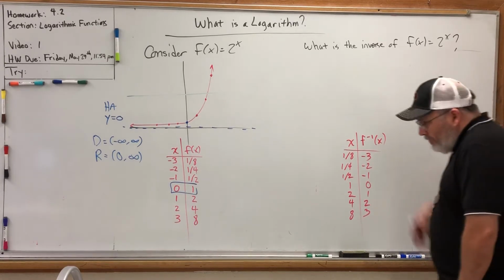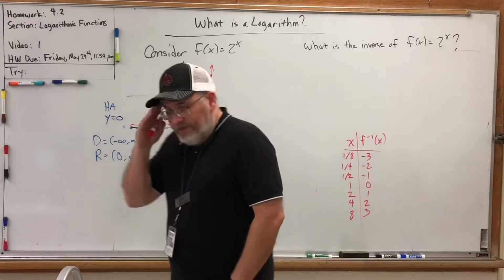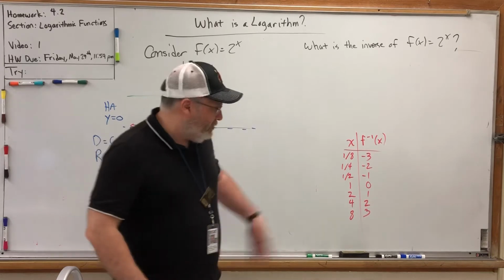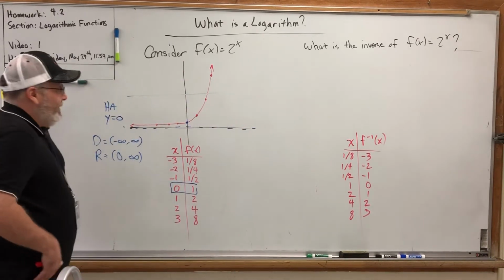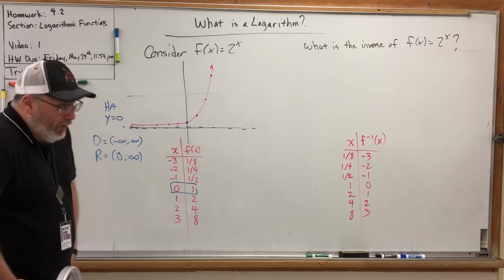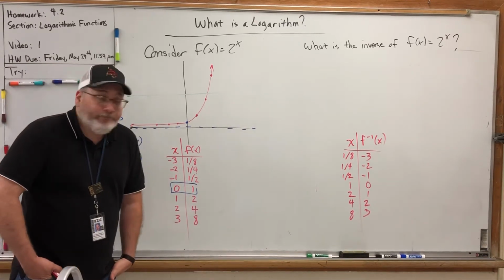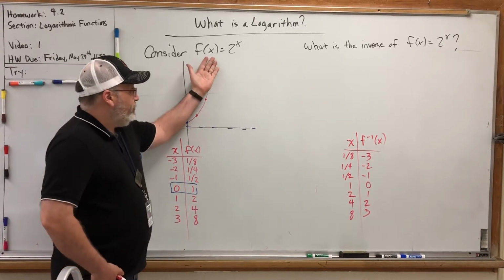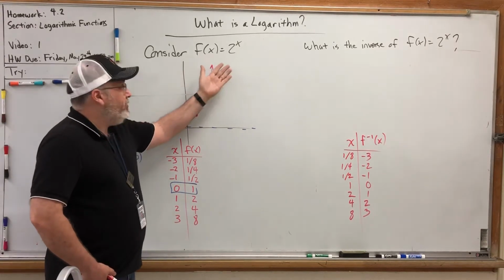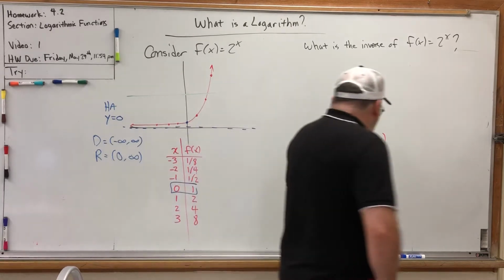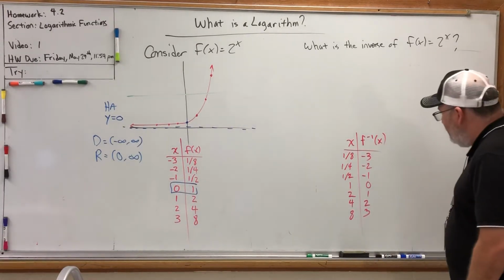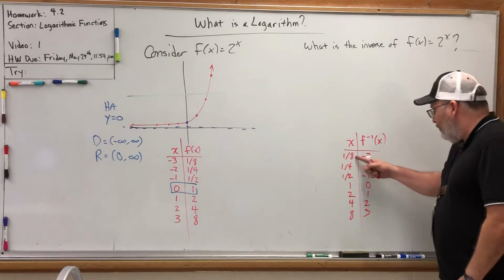So before we sketch the graph or define what this function is, let's think about this function as a question. Because a function really says, what do you want me to do to your number? This function, the answer to that question here is give me a number and I will raise 2 to that power. But let's think about a question where I give you this number and get that one back.